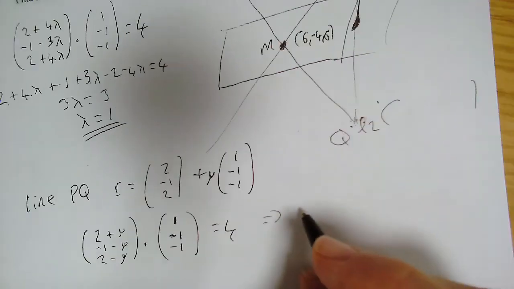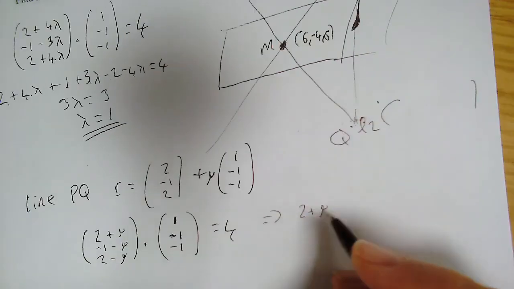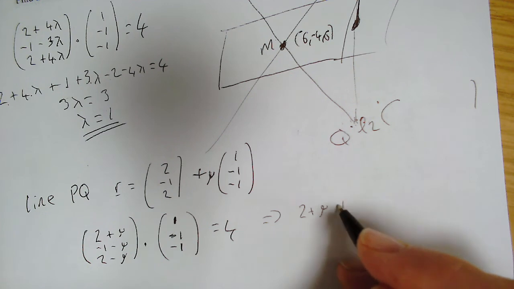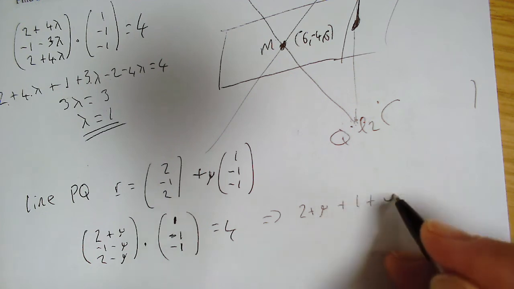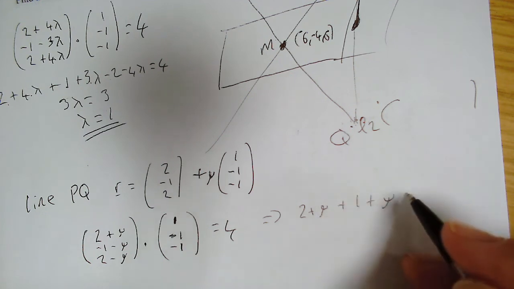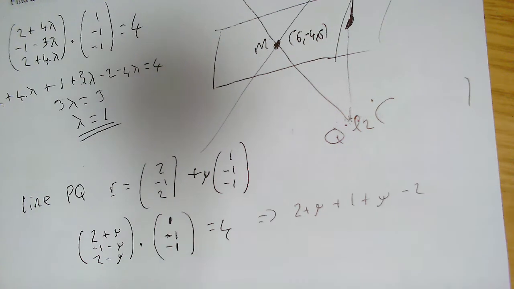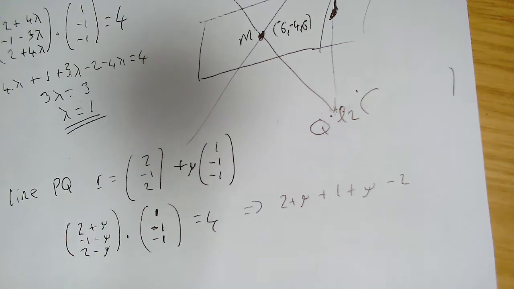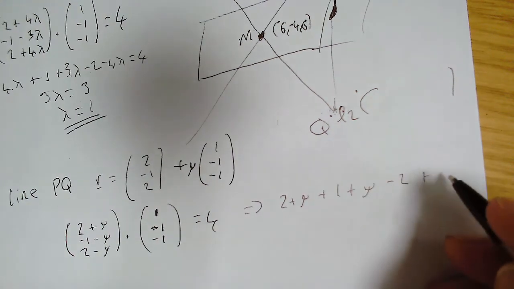So let me see this. I've got 2 plus mu plus 1 plus mu, take away 2 plus mu equals 4.